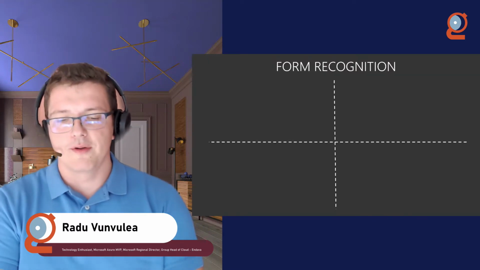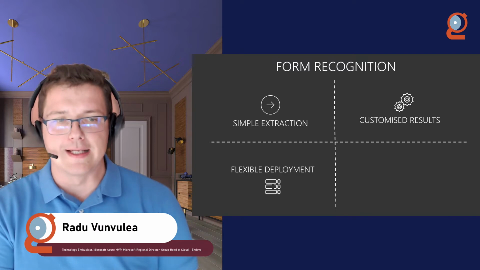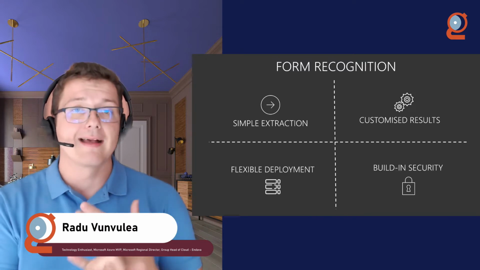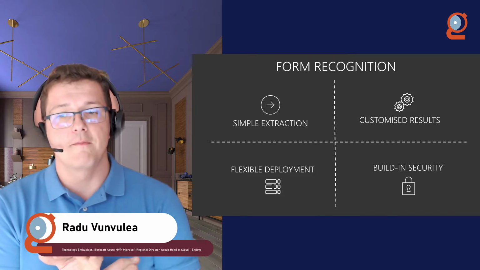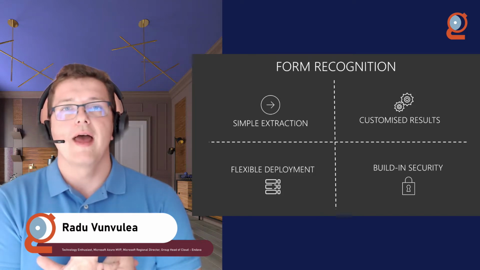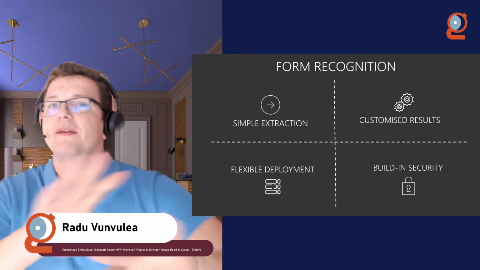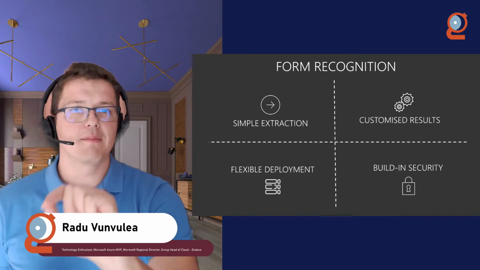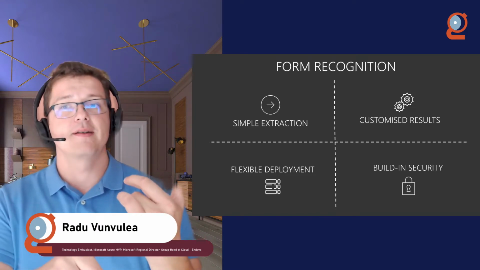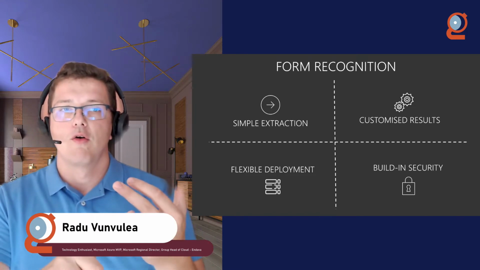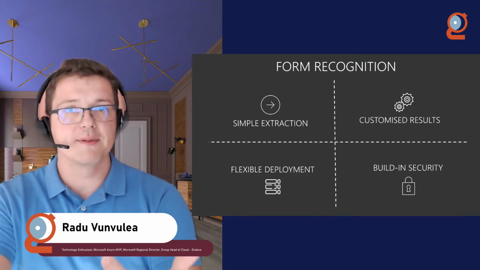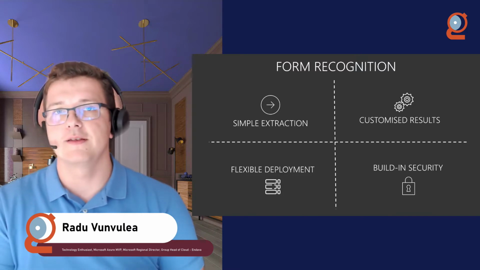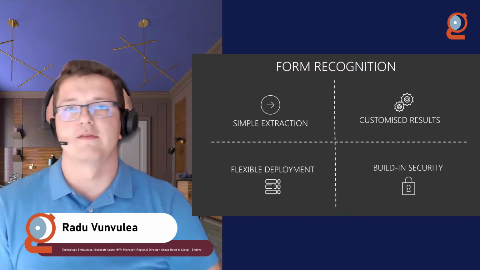Now, what this Form Recognizer is offering us, especially from this point of view, is simple extraction and customized results, and that's very powerful because you might not want to have all the information, all the text that is detected there. You just want 2 or 3 labels, like in our case, the name of the person that would travel, he would leave from a specific city, time, when he would come back, the city that he's visiting, and maybe for how long he stays in different locations.